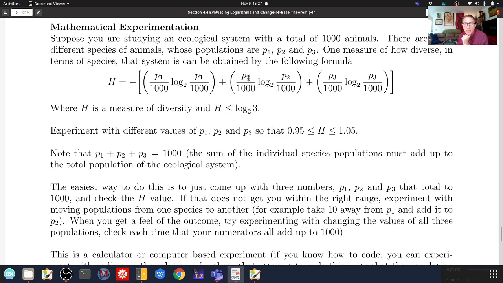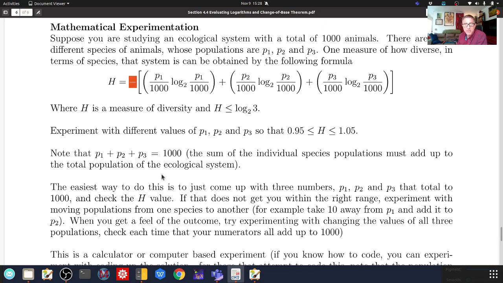Then I do the population of species 2 divided by 1,000 times the log to the base 2 of the population divided by 1,000, plus the population of my third species divided by 1,000 times log to the base 2 of the population divided by the 1,000. And once you add those 3 things up, you change their sign, because there's the negative at the very beginning.